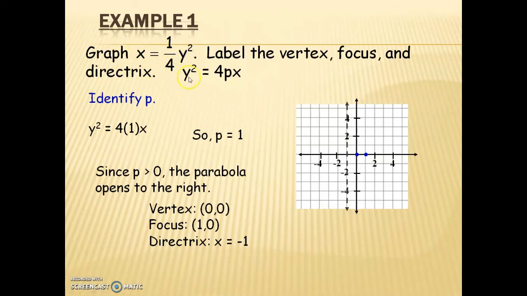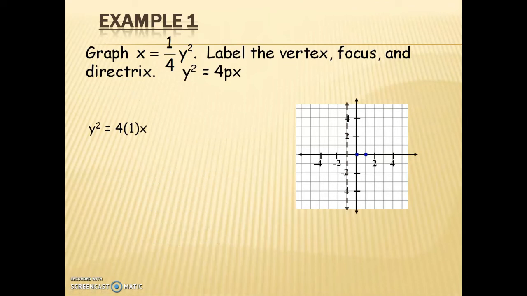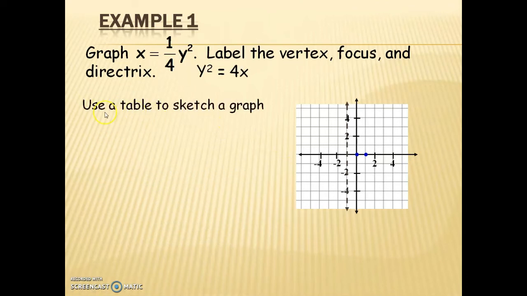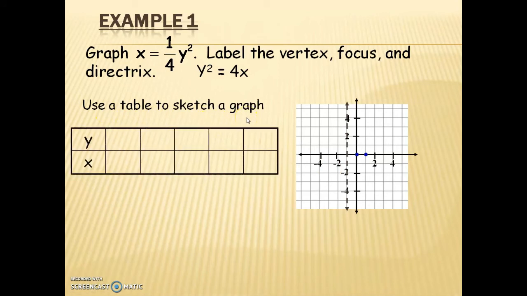So next is to graph the parabola. We need to graph this equation, and to do that, we need to set a table of values. So use a table to sketch a graph. We set the table values for y and substitute into this equation to find the values of x, and then plot the points. If y equals 0, x equals 0, that's the origin. If y equals 2, x equals 1, and (2, 1) is the first point.